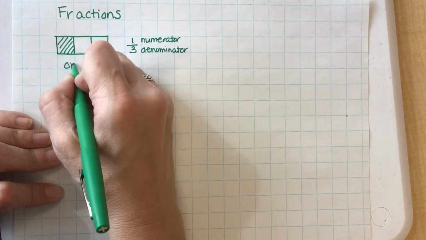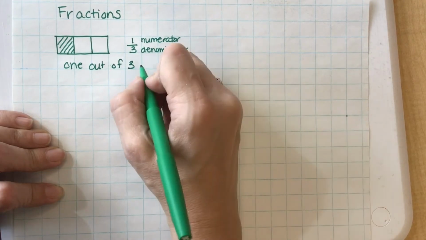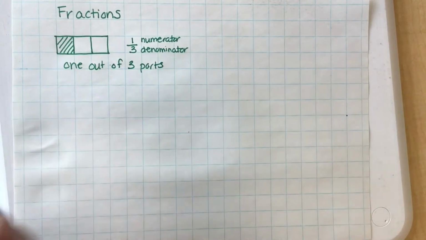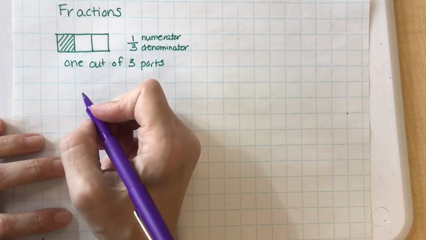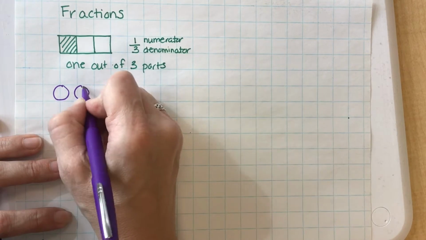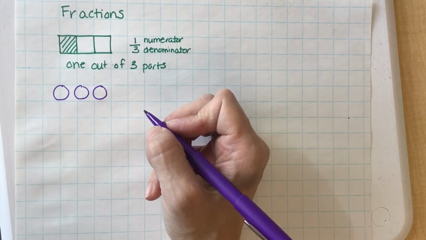This is 1/3 parts. Now I can model that another way by using circles, like 1, 2, 3. This is a set of 3 cookies.